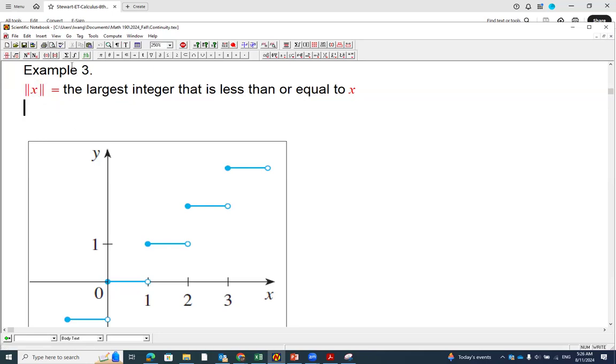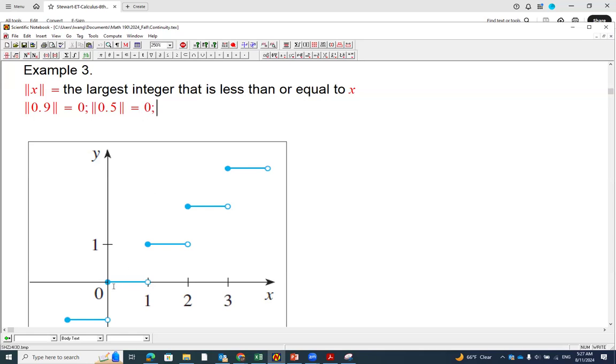If my input is 0.9, the largest integer that is less than or equal to 0.9 obviously is 0, right? So for 0.9, the output is 0. And by the same token, you can see if you go interval by interval, if it's 0.5, it's going to be 0, right?